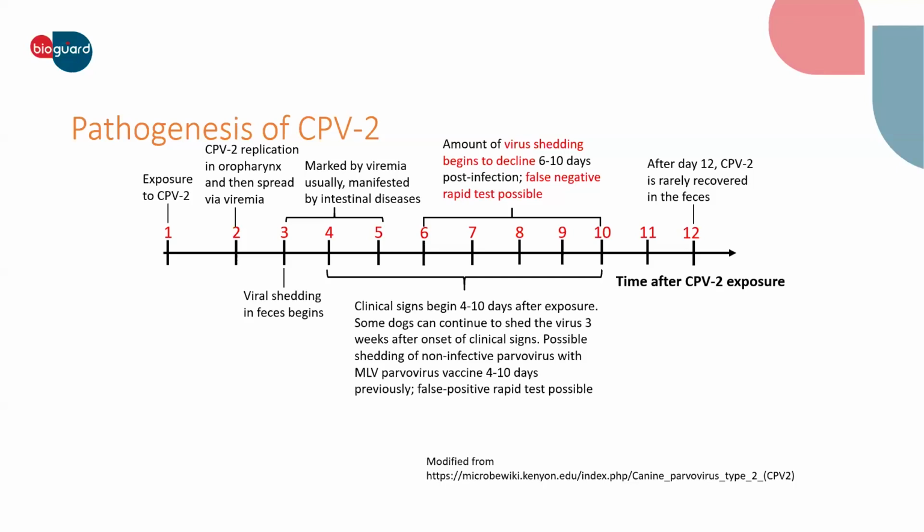reaction. And for the PCR reaction, all three puppies, we can detect the parvovirus at that time. So here is the pathogenesis of the CPV2, because once the dog is exposed to the CPV2, the CPV2 will replicate just the same as the FPV in cats.